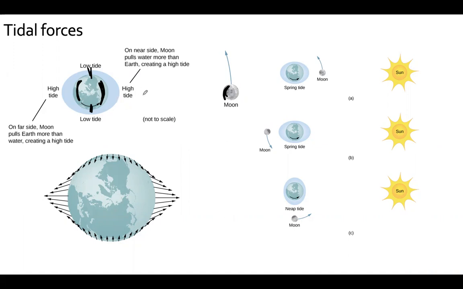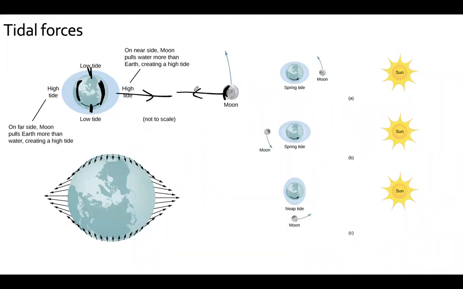We've got the force due to gravity going on here, and it's making these high tides because the moon is pulling the water more than Earth, and so this is causing that high tide.